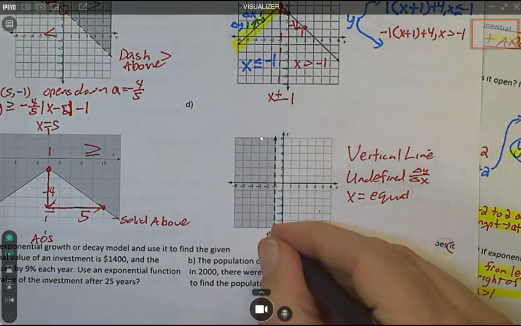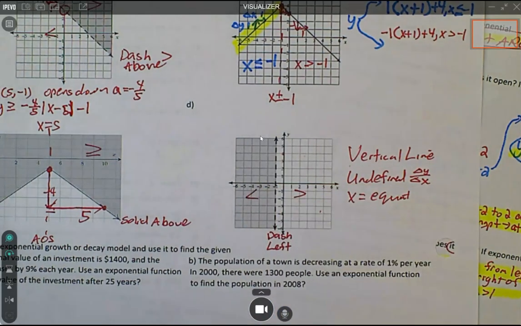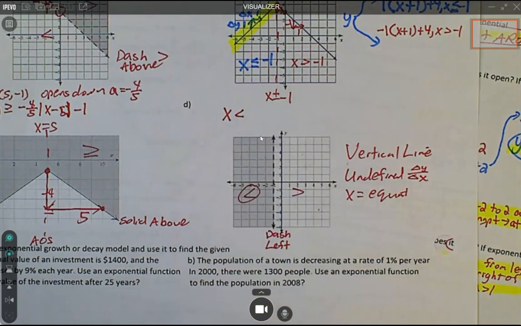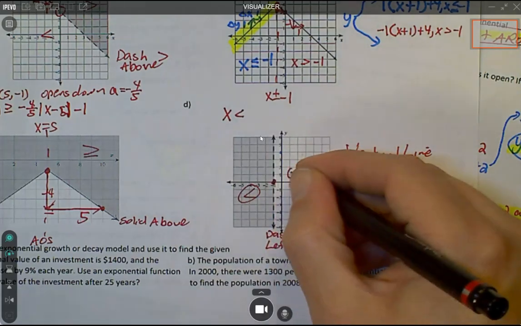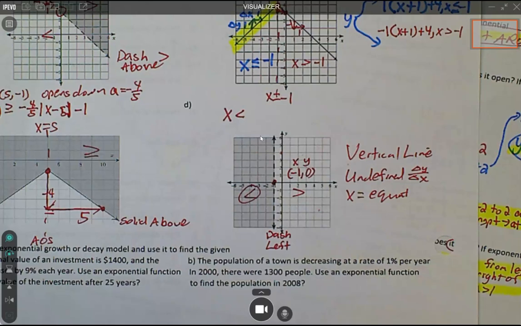So this is dash left. This side's less than, that side would be greater than. We're going less than. So you'd say x is less than, it's hitting the x-axis, it has an x-intercept of -1, 0.